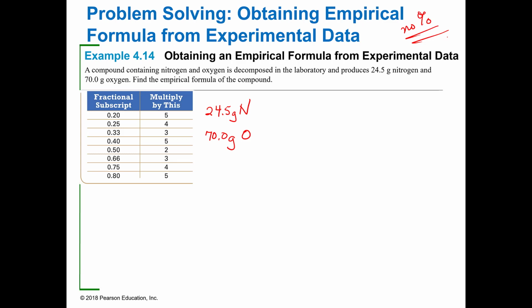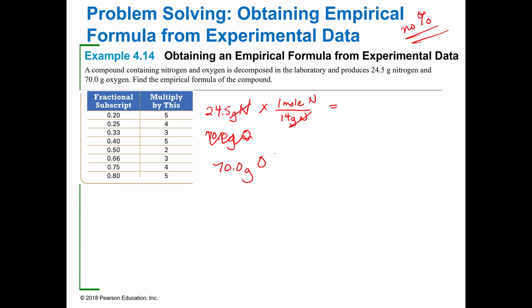So the 24.5 grams, I need to convert that to moles. There's 14 grams of nitrogen in 1 mole of nitrogen. Then I'm just going to say equal, because I'm going to get a certain number of moles. And then I'm going to write this a little bit lower so I don't run out of room.